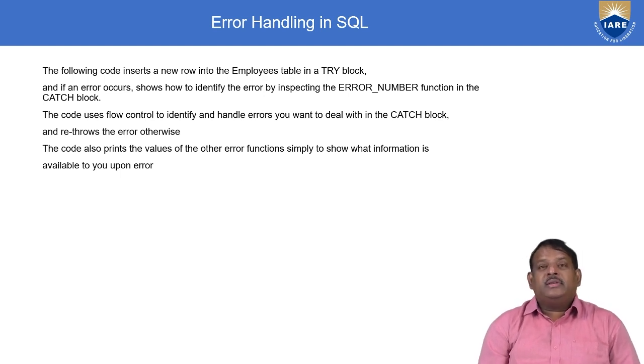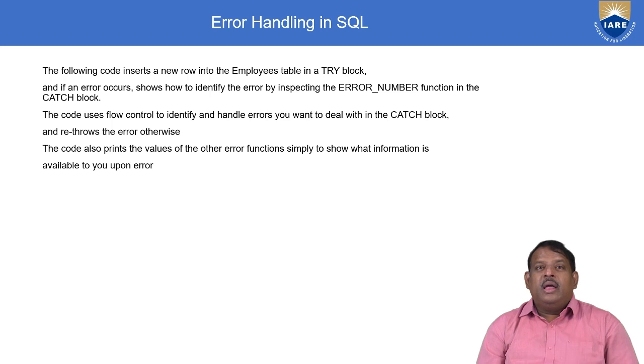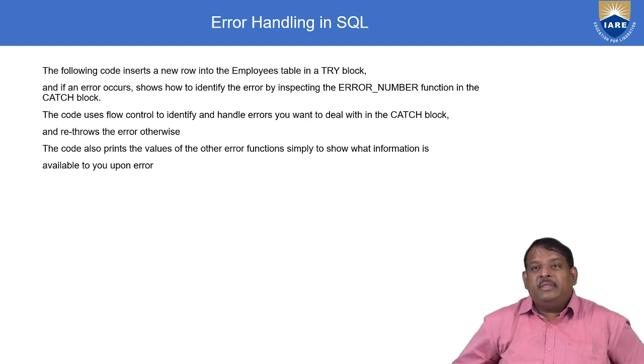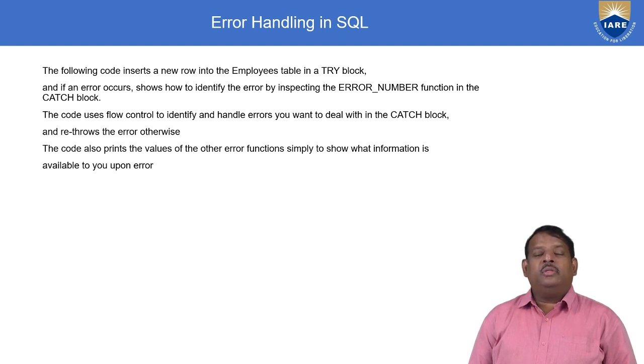The following set of code inserts a new row into the employees table in the try block. Whatever logic you try in the try block, if any error occurs, we will show how to identify the error by inspecting the error number in the catch block. The code uses flow control to handle errors in the catch block if you want to, and rethrow the error otherwise.